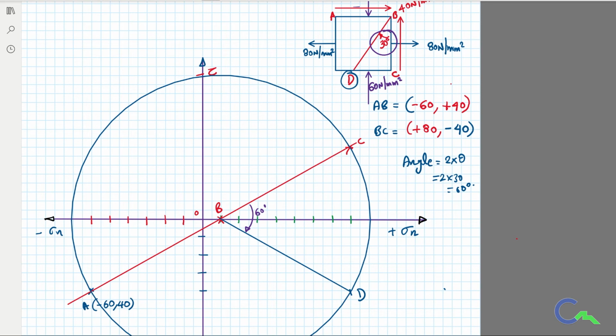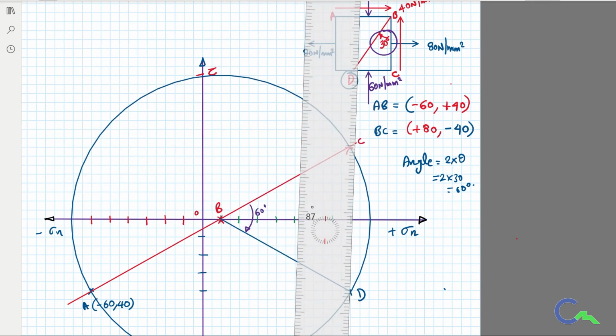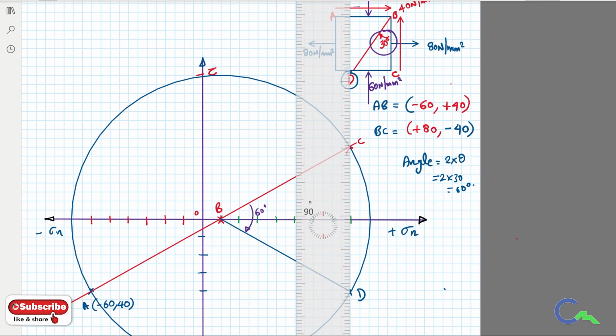Now if I want to calculate the normal stress, what I have to do is drop one line. Since we have normal stress in the x direction, if I drop a line from this point D to the x axis, I will get the value of normal stress.